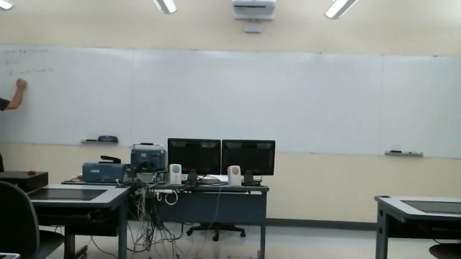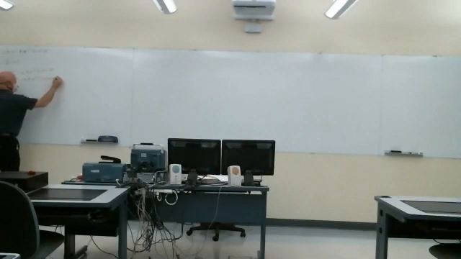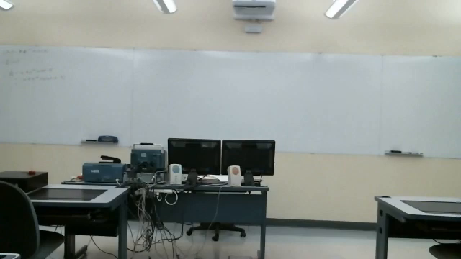So A_I e to the minus gamma z cosine of omega_0 t plus phi, minus pi over 2. Now I can get rid of the minus sign by adding or subtracting pi, shifting it 180 degrees.